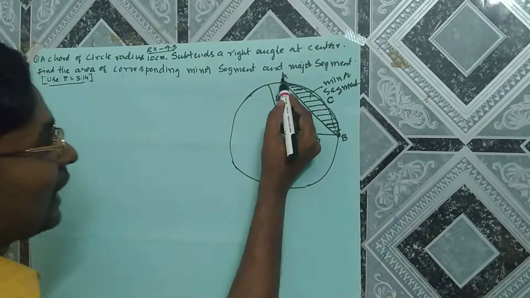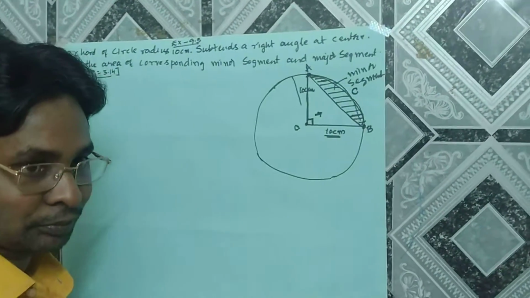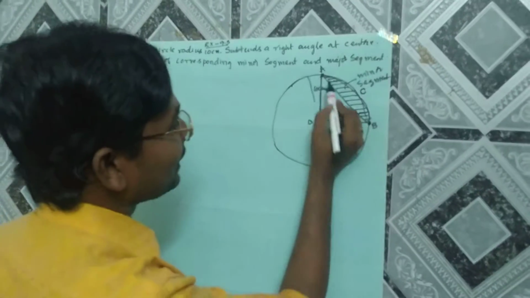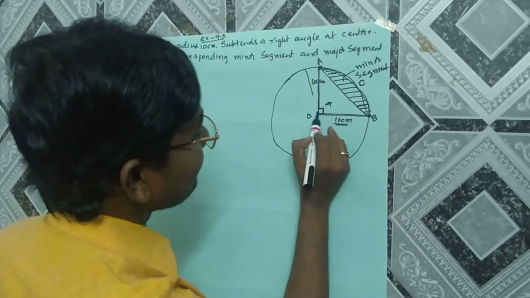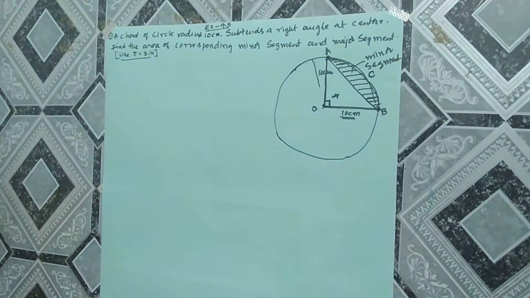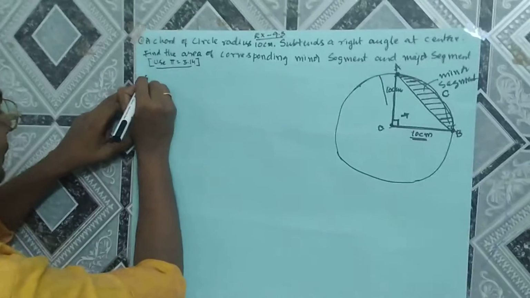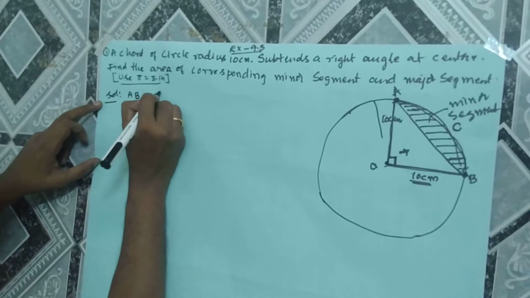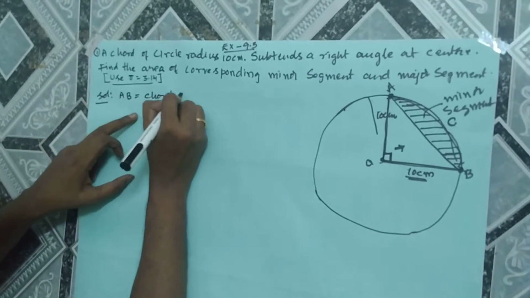Again, if you consider AOB, AOB is a right angle triangle. OB is the base and OA is the height of the right angle triangle. Solution: AB is a chord of the circle.